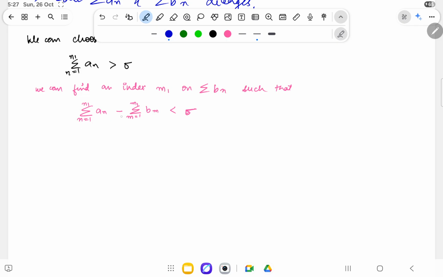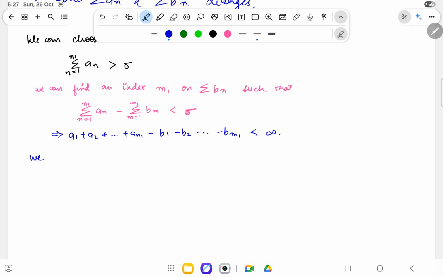That is, if I write it again, it will be a1 plus a2 plus up till an1 minus b1 minus b2 up till minus bm1 is less than sigma.